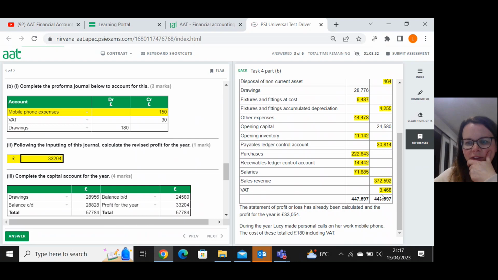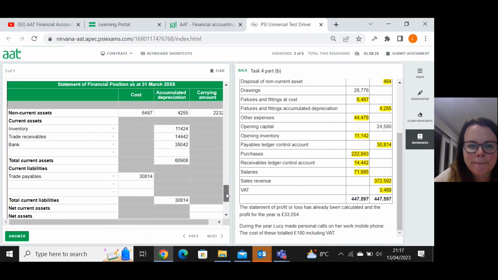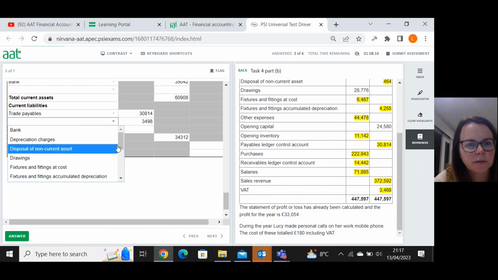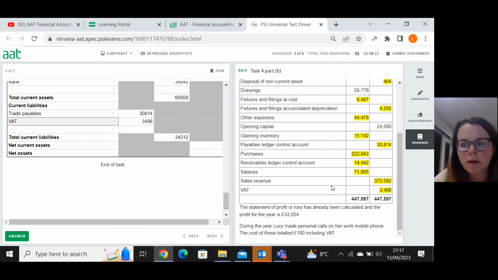So the VAT figure will be 3468 plus 30, which is 3498. Right, and again, from doing that highlighting, I can see that there's nothing missing, even though they've given me that extra row. Right, so let me just get rid of that now.